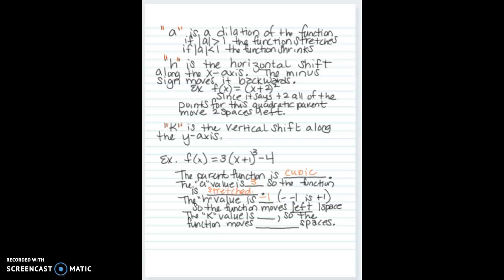So the function moves left 1 space. The k value is, hopefully you said negative 4. So the function moves down. Because it is negative, it moves down 4 spaces.